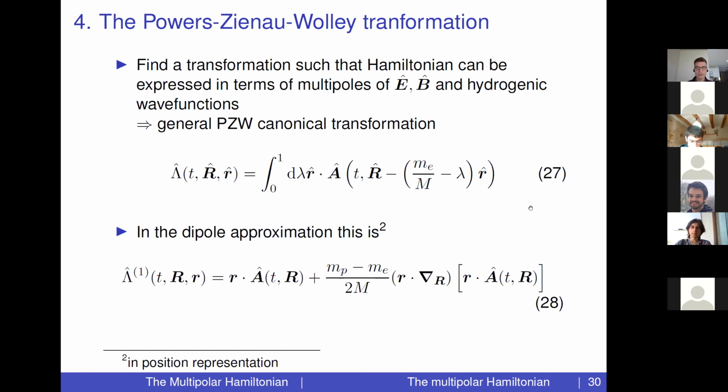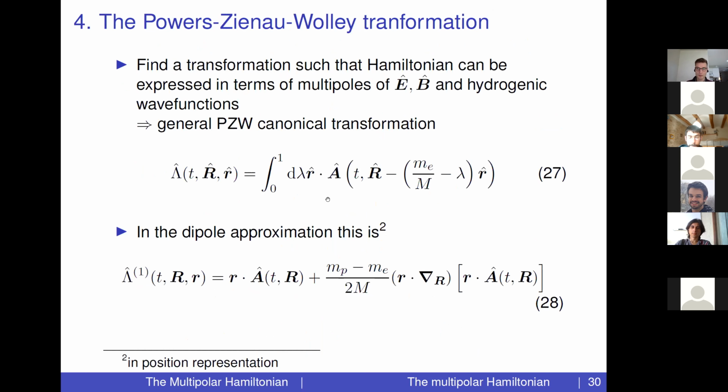And what we need now here is the Powers-Zienau-Wolley transformation, the PZW transformation that brings us from the minimal coupling Hamiltonian to this multipolar Hamiltonian. And in general, it has this form. So this is the generalization of what we saw in the effective case, where we just considered the electron to be quantum in the first part of this talk.